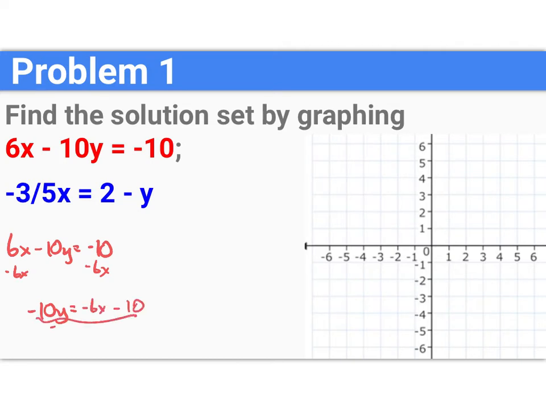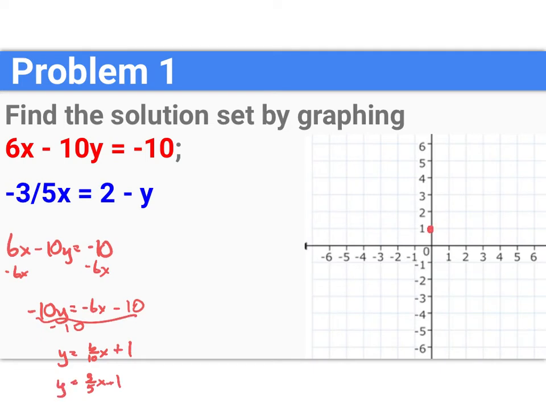Divide everything by negative 10. y equals 6/10 x plus 1. 6/10 reduces to 3/5. All right, so we start at 1.